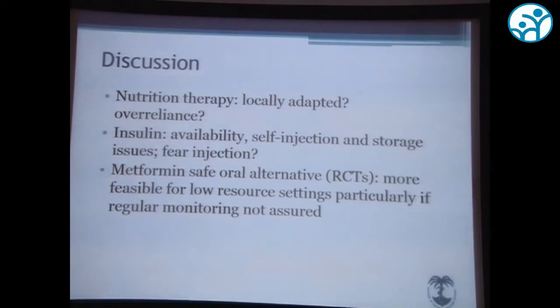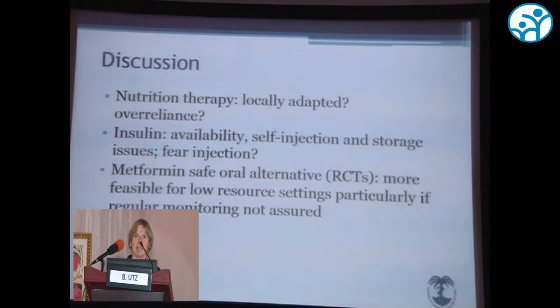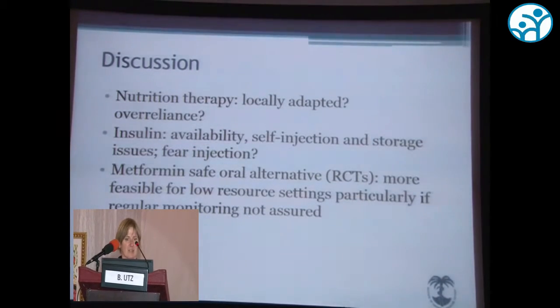So in this regard, we have to stress that metformin has proven to be a safe oral alternative through randomized control trials, and it might be a more feasible option for low resource settings, especially if we cannot assure regular monitoring of patients, as metformin is not associated with hypoglycemic events.